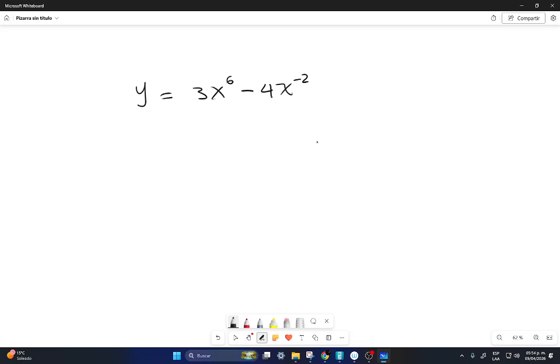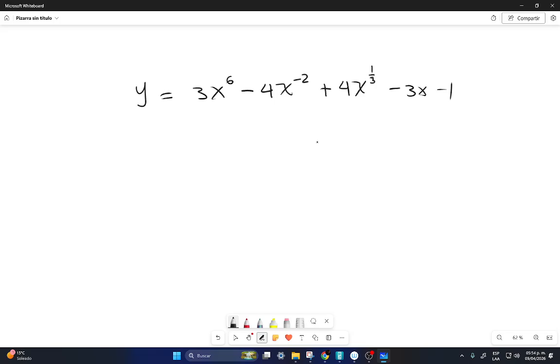This will not be a polynomial because it has a negative exponent, but we can still differentiate it, plus 4x^(1/2). Actually, let's use 1/3. Now we have a fractional exponent that's also something that makes it not a polynomial, but we can differentiate it, plus 3x minus 1.